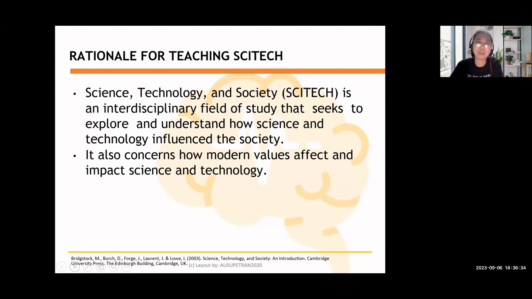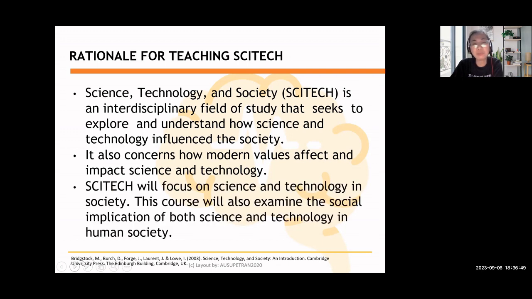Of course, our values are evolving. As our values evolve, which is often dictated by society, it also creates a certain effect on science and technology. SciTech will focus on science and technology in society, and this course will also examine the social implications of both science and technology in human society.